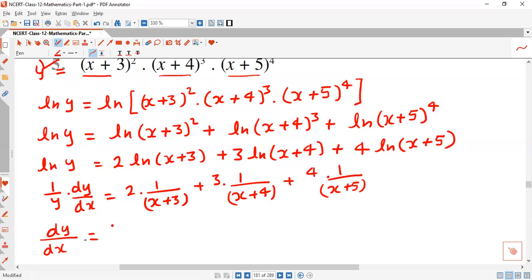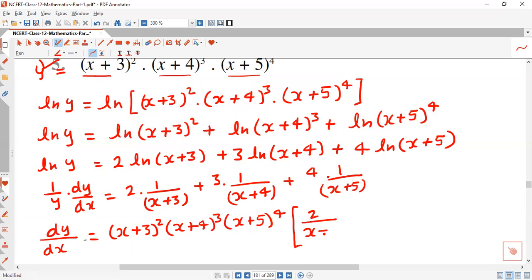This will equal x plus 3 whole squared, x plus 4 cubed, x plus 5 raised to 4, multiplied by 2 upon x plus 3 plus 3 upon x plus 4 plus 4 upon x plus 5.